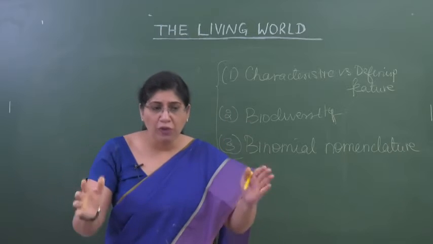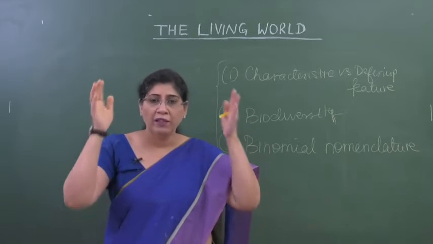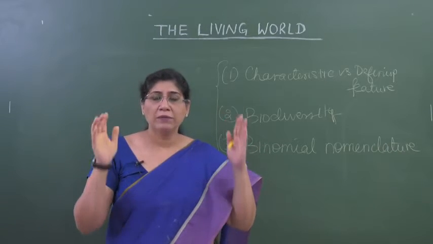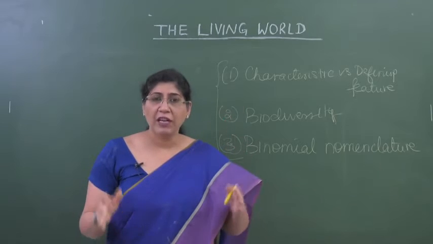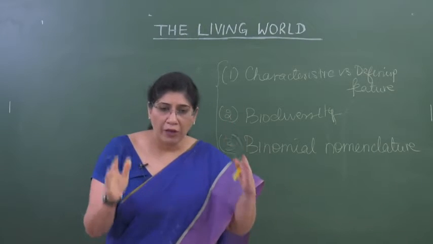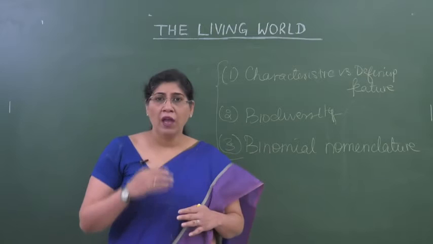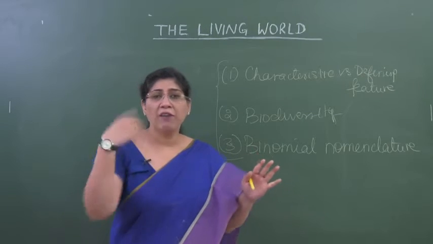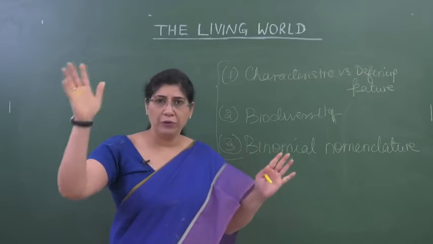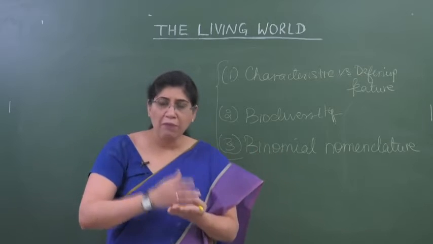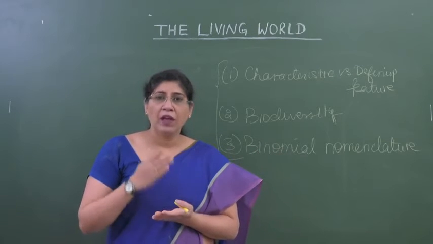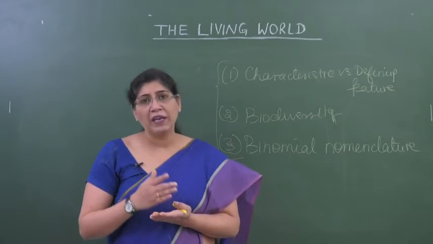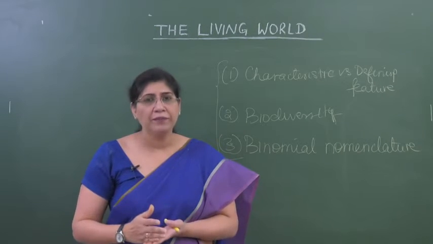So there is a rule which has been set up, that all living organisms are to be given a scientific name using binomial nomenclature. If I propose a name, then it is not that I have proposed a name and you will accept it. No. The name with its reasoning will be given to the IUCN.